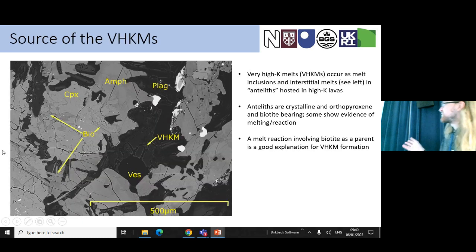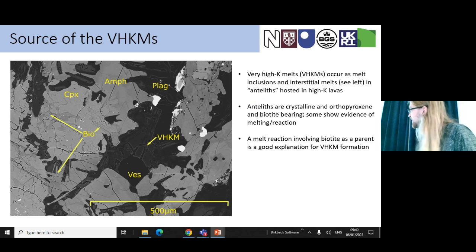Quickly, where do these melts come from? Well, for those of you who know much about where melts come from, immediately think high potassium, high large ion lithophiles, biotite melts are kind of the obvious culprit. And we do see some really obvious examples of these melts and melt generations. This is a photomicrograph of an antilith, so a lithic that we found in the rock that appears quite related to the lava that it was hosted in.